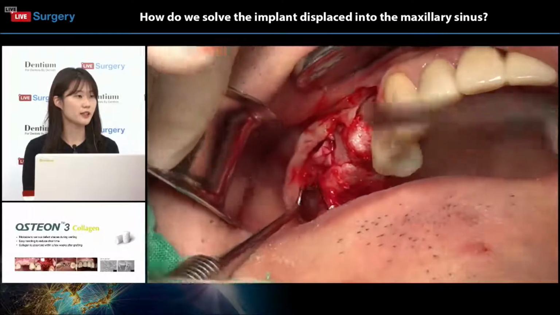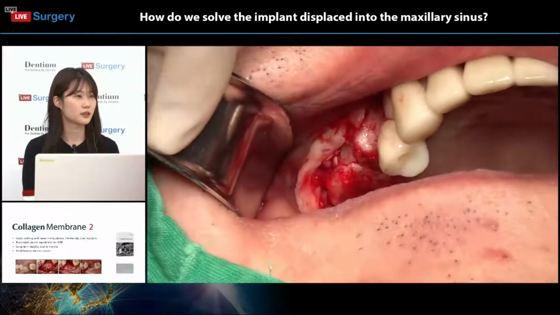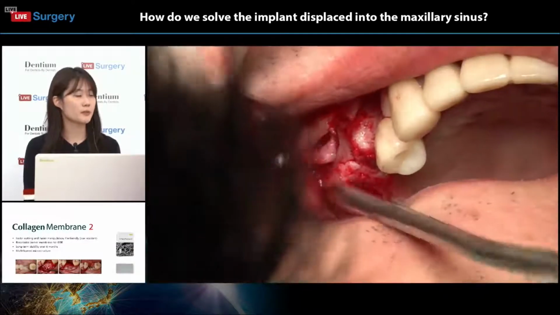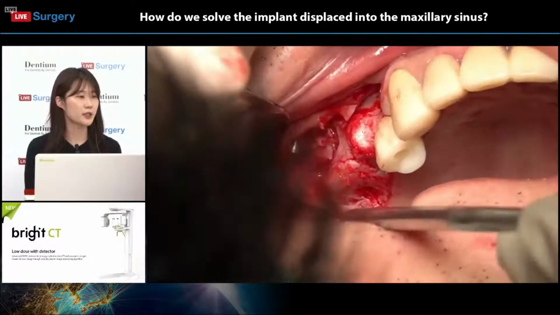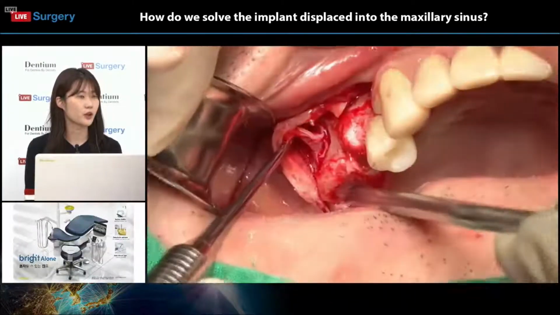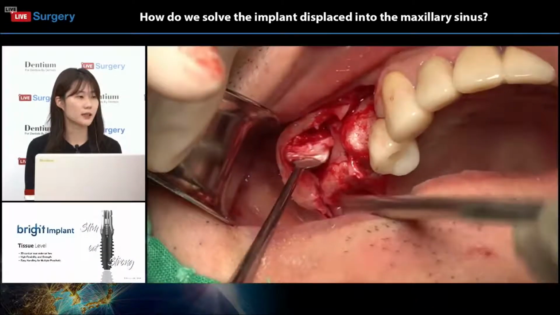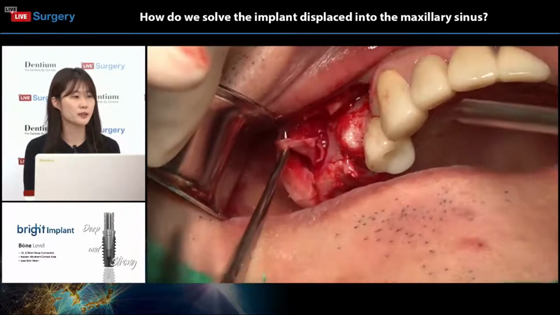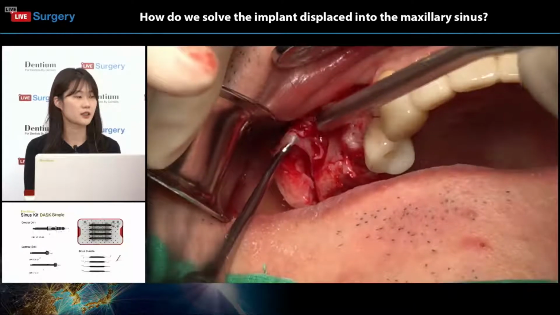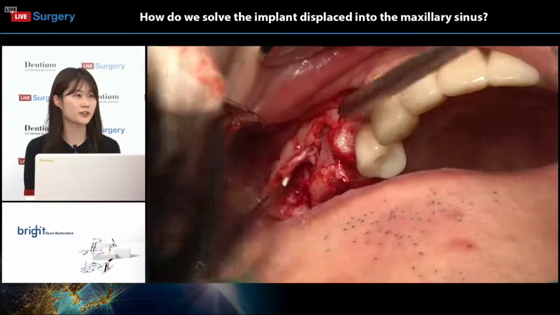This is the membrane. In terms of Collagen Membrane 2 from Dentium, it was previously applied to cover the lateral window. Collagen Membrane 2 is a resorbable barrier membrane claimed to show long-term stability for over 6 months. And as you have seen, the membrane exists still after 9 months.